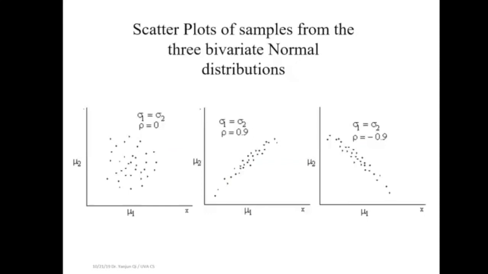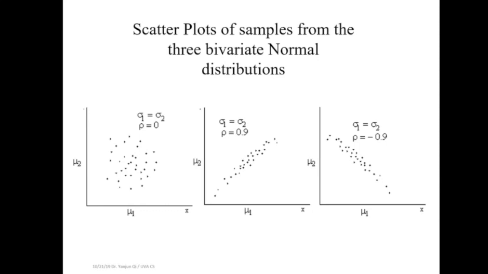All right, so I talked about all those models again and again, right? But truly what you observe are data. So what does the data look like when you have sigma 1 equal to sigma 2 and rho equal to 0? This is the kind of data you're going to observe.